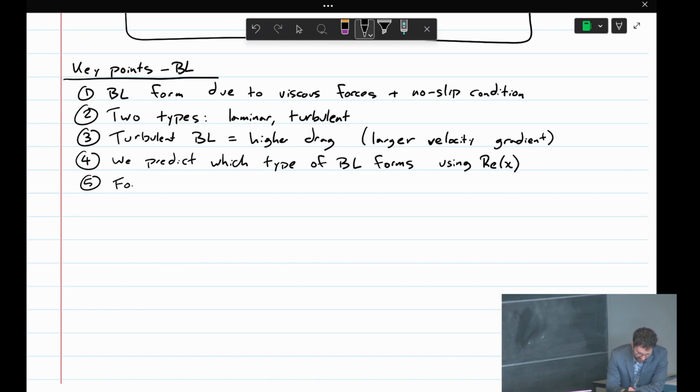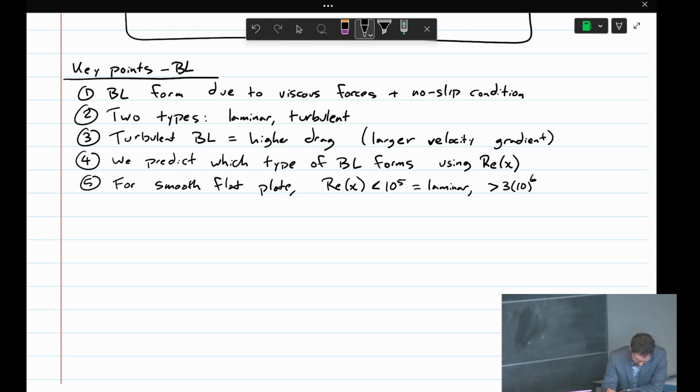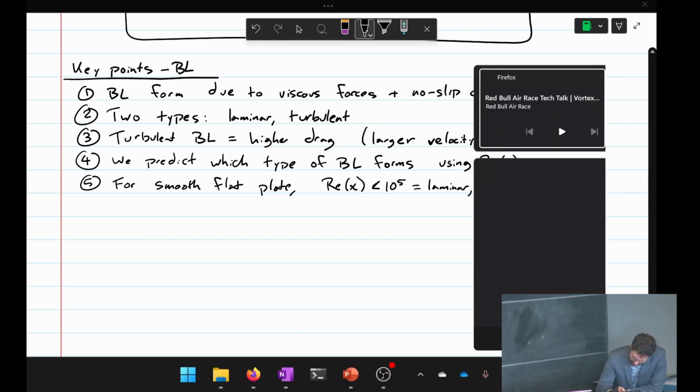So for a smooth flat plate, a Reynolds number less than 10 to the 5 means we're laminar. If it's greater than 3 million, it's turbulent.